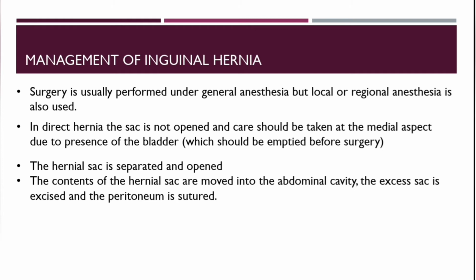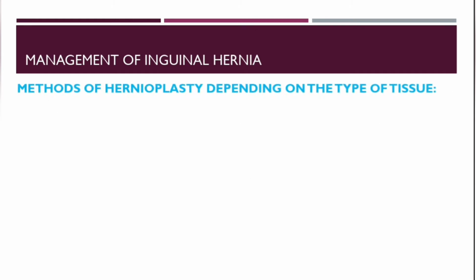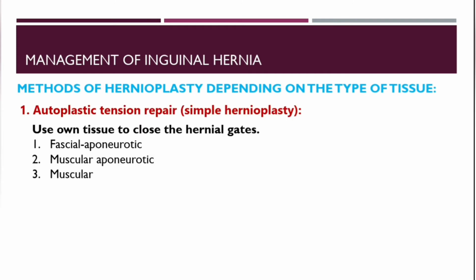So let's talk about the methods of hernioplasty, right, depending on the type of tissue we are using. Firstly, there is autoplastic tension repair. This is also known as simple hernioplasty, right? So in autoplastic tension, we are using auto, right?